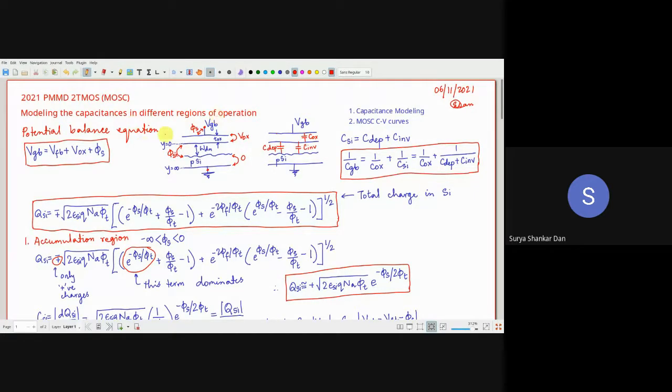The first one will be, you have applied some voltage on this terminal. Now, this terminal is essentially some wire.